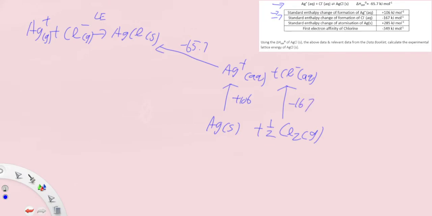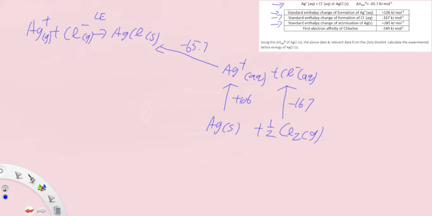Do not times the half. Don't forget your definition of enthalpy of formation: one mole of compound formed from its constituent elements in their standard states. So the emphasis is on the 1 mole of compound, and it is formed from the elements. Then what's next?